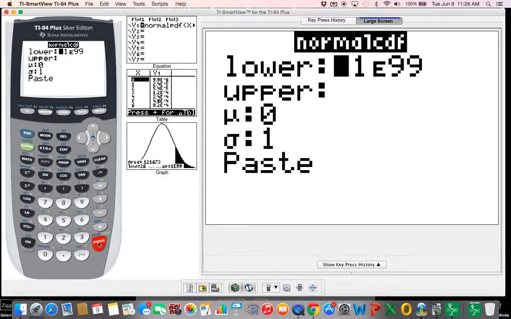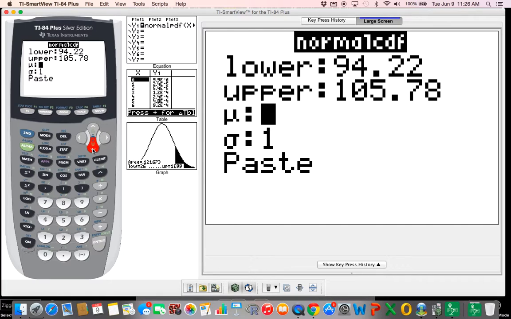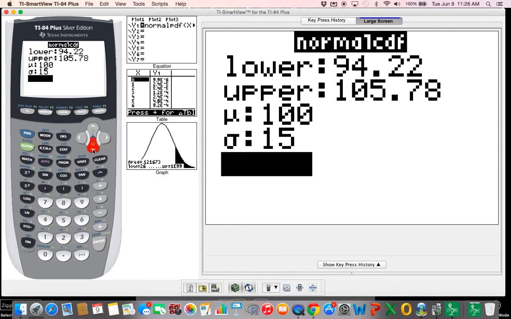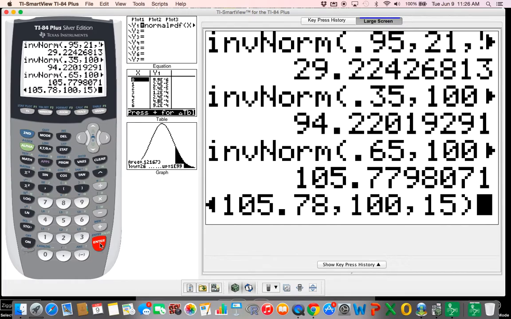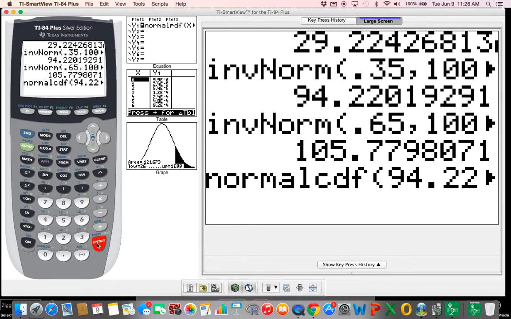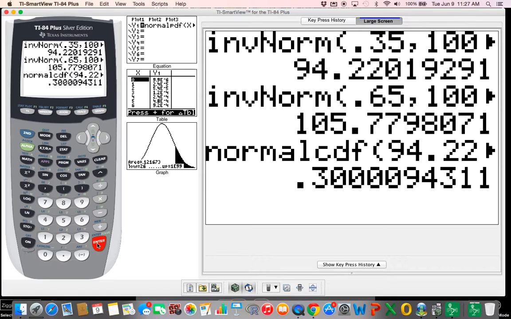So if I come back to normal CDF, which will calculate the percentage, and I go 94.22 up to 105.78, with a mean of 100, standard deviation 15, when I paste this into my home screen and hit enter, what should I get? Well, if I got the right answer, I should get something awful close to 0.30, 30%. And you can see I do. I get something awful close to 0.30.